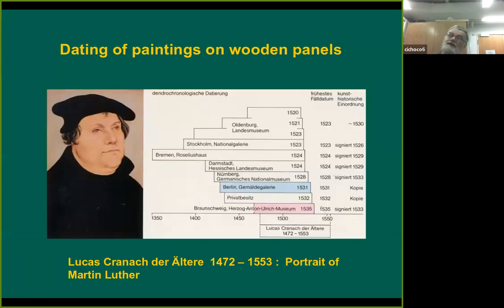Another quite important thing is the dating of paintings on wooden panels, which sometimes have quite a high value. And of course, these wooden panels have been cut somewhere. And in many cases, they were not cut locally, but imported from other parts.